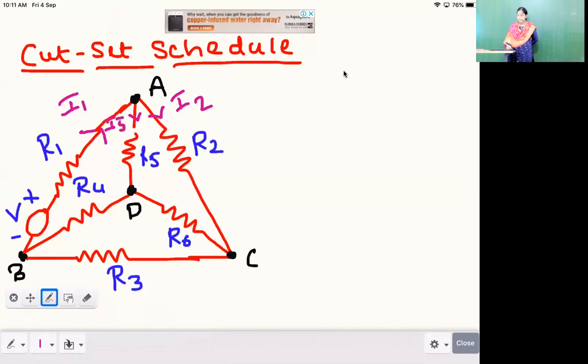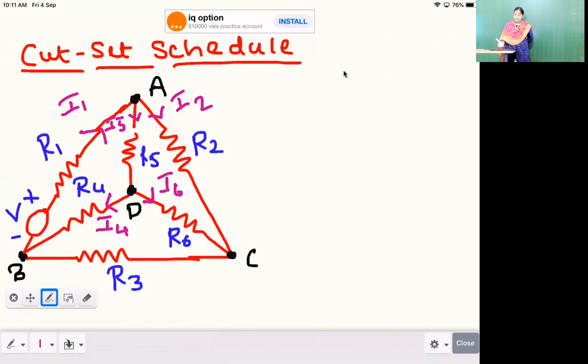Now I5 is coming to D. Once it comes to D, it divides between R4 and R6. Let us name the current flowing through R4 as I4 and the current flowing through R6 as I6.